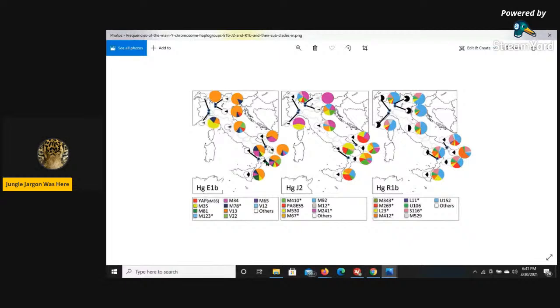Among these black percentages, you have a wider chart showing the different kinds of E1B1s. Same thing with the J2. You have the percentages here, showing which kind of J2s you have in here. And the same thing with the R's.